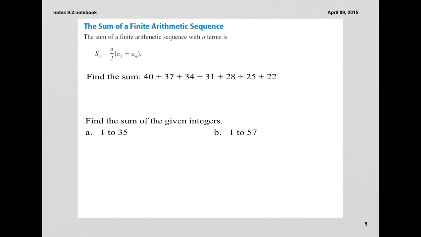Okay, we want to find the sum of 40 plus 37 plus 34 plus 31 plus 28 plus 25 plus 22. Well, we count up how many there are. There's 1, 2, 3, 4, 5, 6, 7 terms. So that means I'm going to find the sum of 7 terms. So that's equal to 7 over 2, and then 40, which is the first term, plus 22, which is the last term.